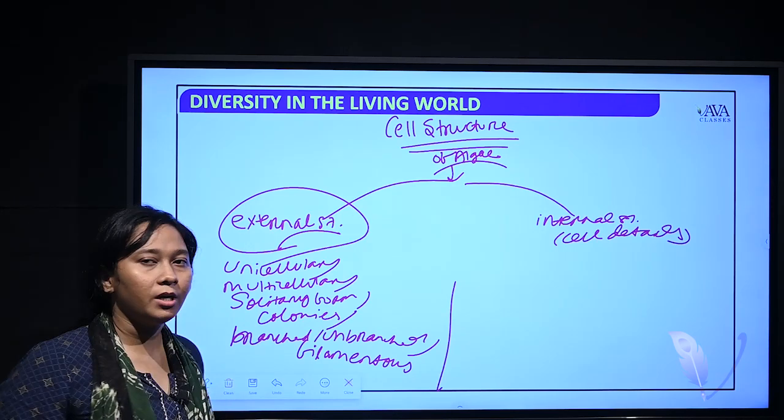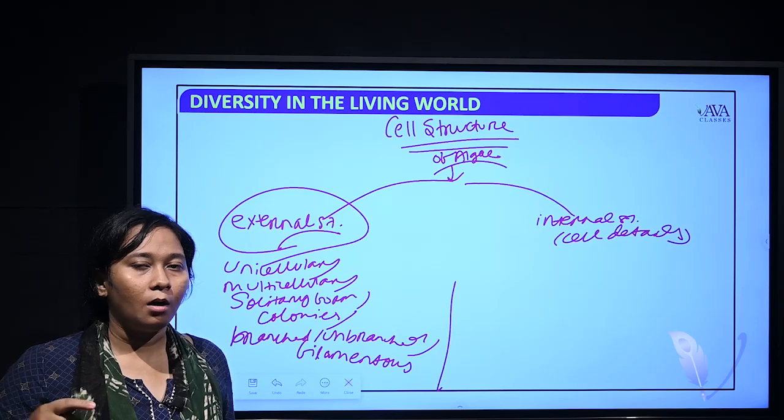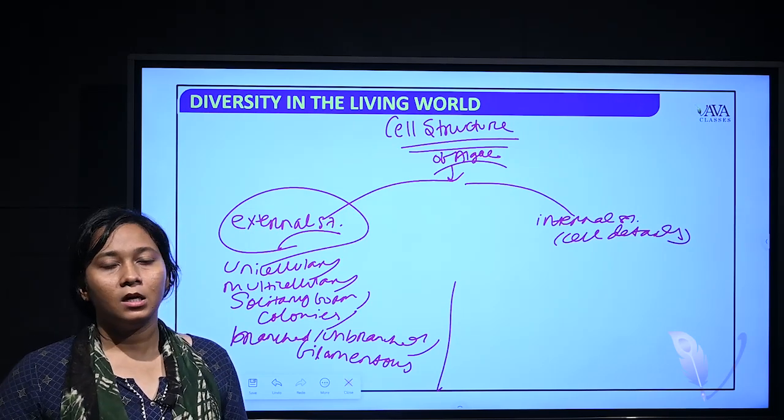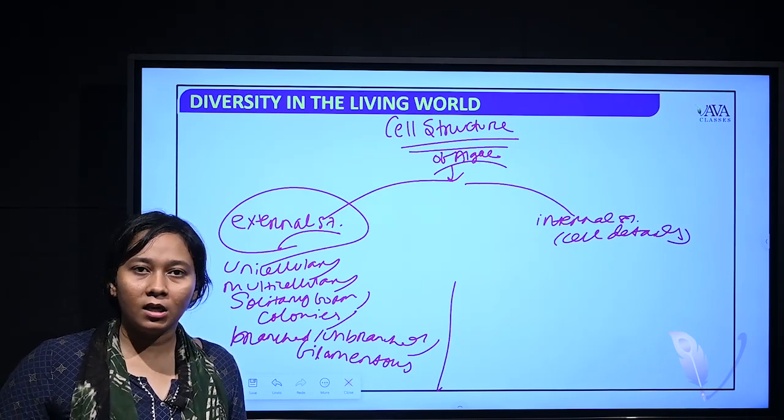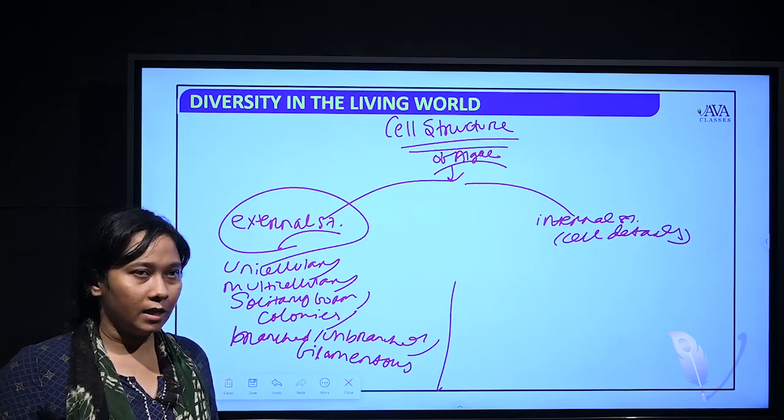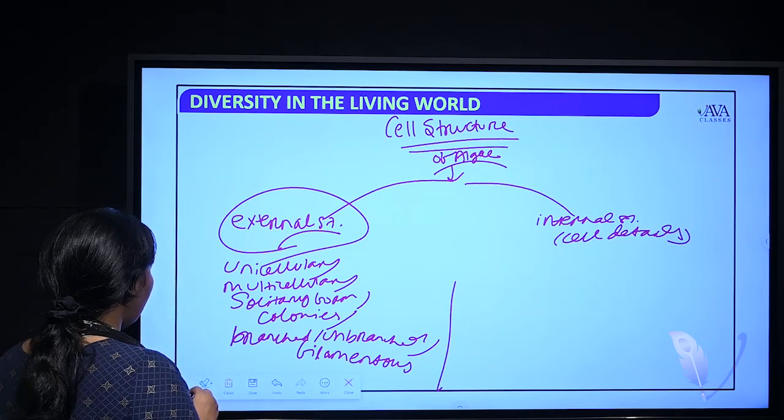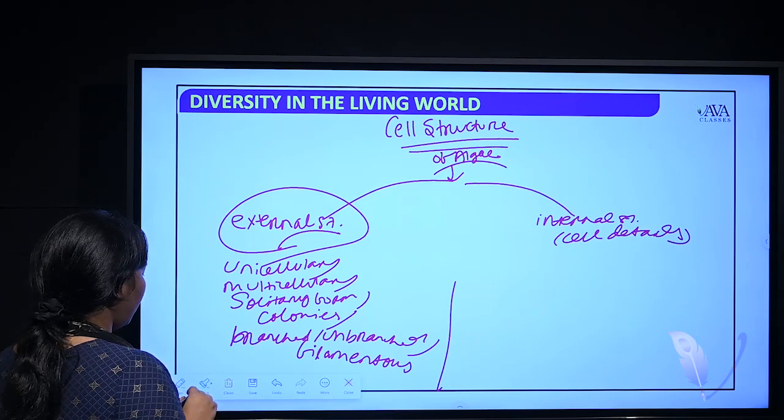Generally algae is classified upon their pigments into three types. One is green algae, brown algae, and another is red algae.